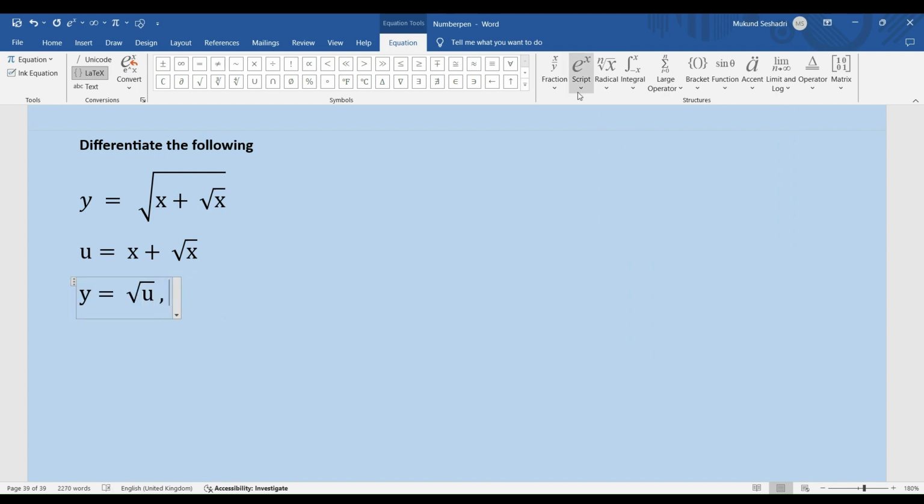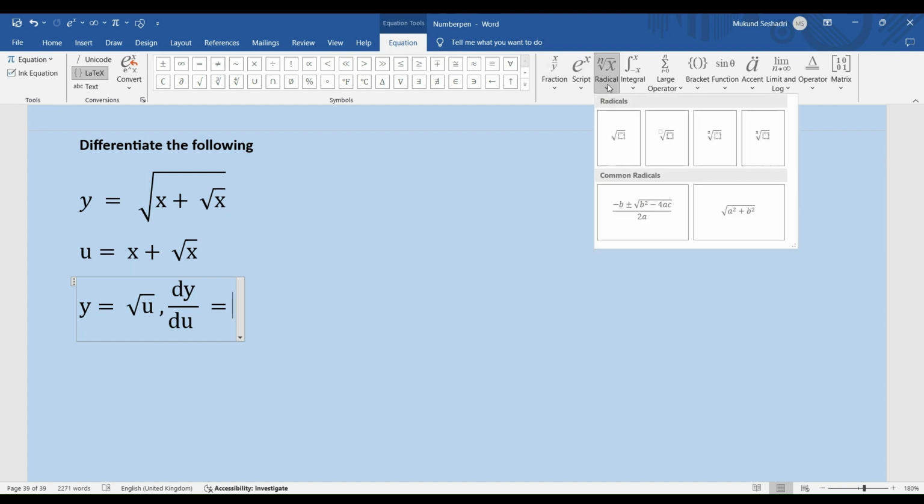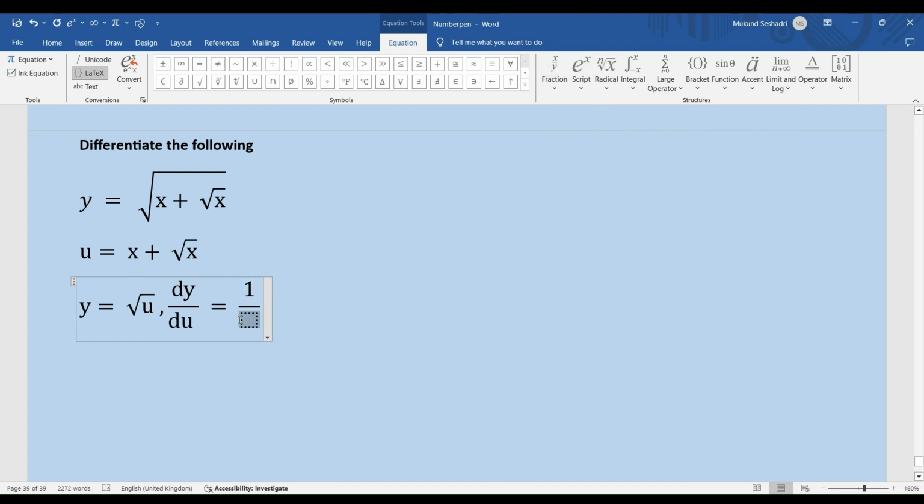And then my dy by du, because I'm going to apply the chain rule, I will first differentiate y with respect to u. It becomes 1 by 2 root u, right? And why is that? Again, I'm applying d by dx of x to the power n equals n times x to the power n minus 1.